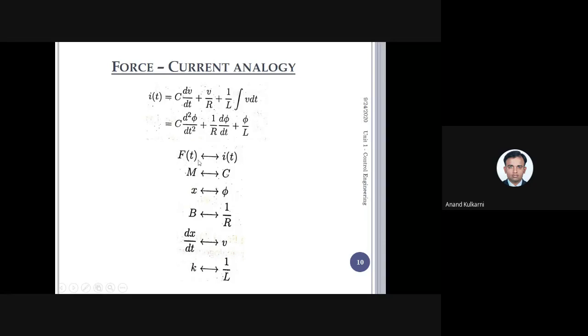If I compare this equation to the mechanical one, I again get a similar form: force is analogous with current. In the previous case, force was analogous with voltage. Mass was analogous there with inductance; here mass is analogous with capacitance. There displacement was analogous with charge Q; here displacement is analogous with flux.